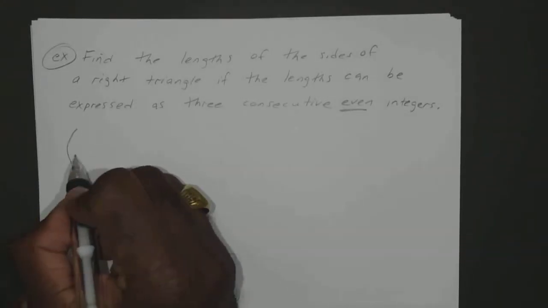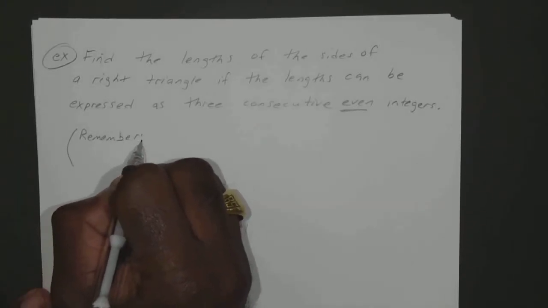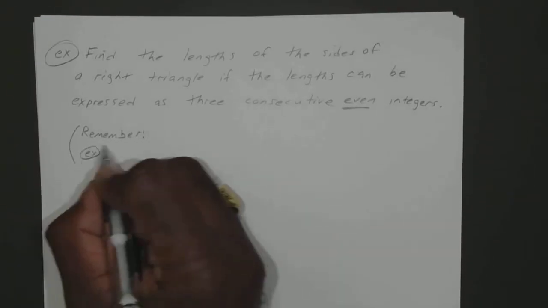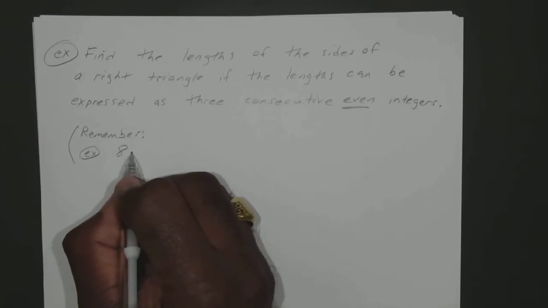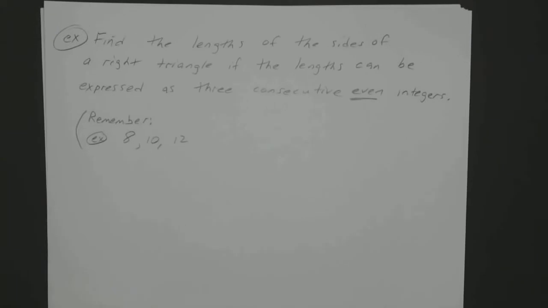All right, so with this one, before you start, you just want to remember, say if you have 3 even integers, let's say if you have 8, 10, and 12, or whatever even integer you start with.